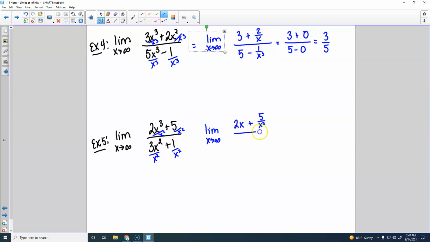You just have to remember your properties. Alright, so for example 5, when I cancel right here, I get x to the third over x squared, so 2 of these are going to cancel, but I've got an x, and it's in the numerator this time.